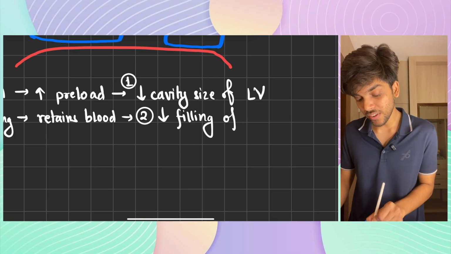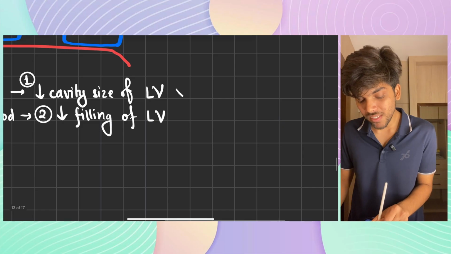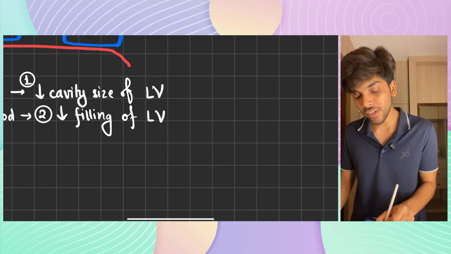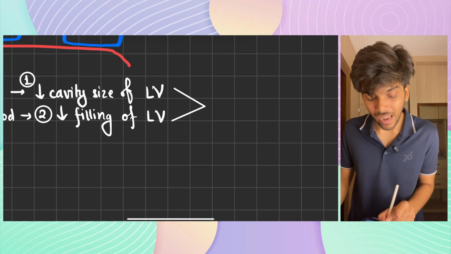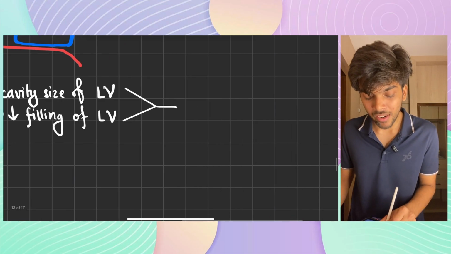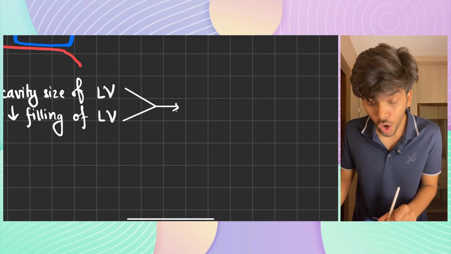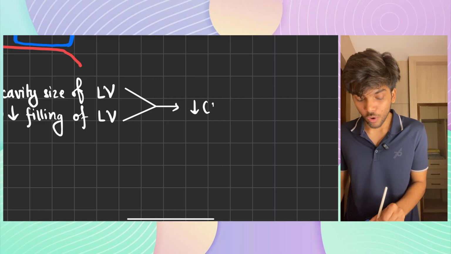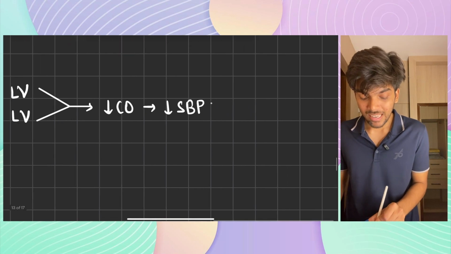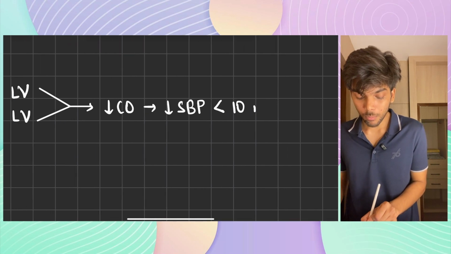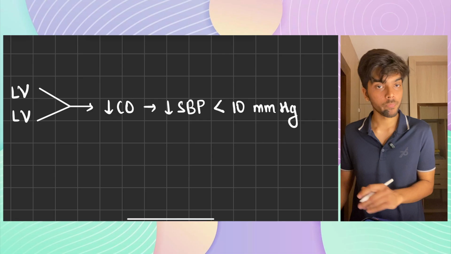Due to both these reasons, that is decrease in cavity size of the left ventricle due to push of the interventricular septum, and decreased filling of the left ventricle due to holding of the blood by the lung, you get a reduced cardiac output and a reduced systolic blood pressure, which is by less than 10 mm of Hg.